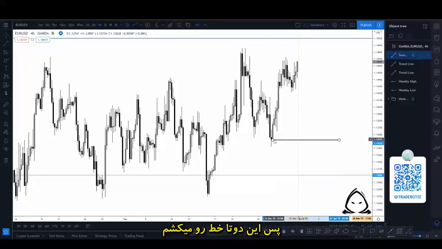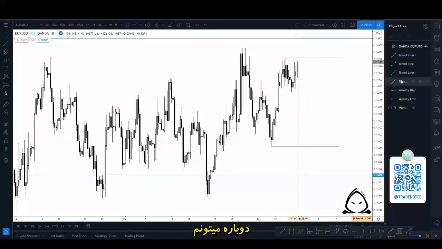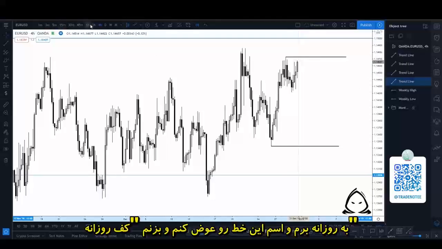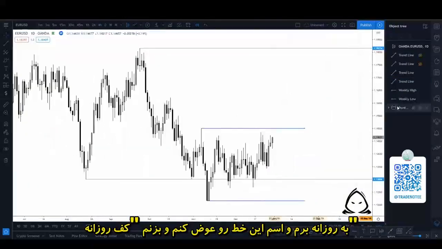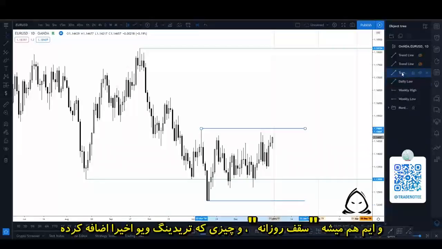If I just draw on this line here and this line right here, you can see that. And again, if I go up to the daily one more time, we can see that if I click this line here, we're selecting that, we can just hit daily low, and if I click the top one, daily high.